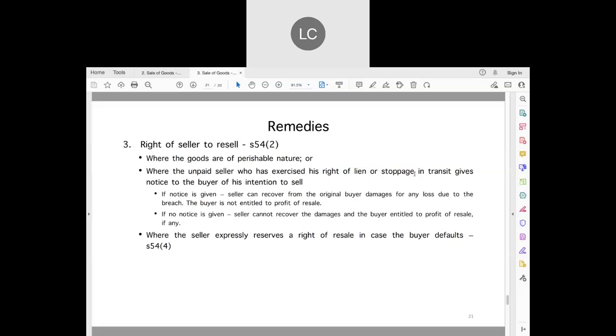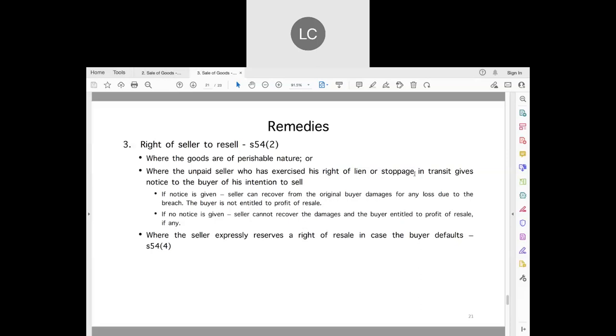So the contract remains in force despite the stoppage by the seller. So that's why we say that the seller is bound to deliver the goods on payment of the price by the buyer or by his trustee in the case of bankruptcy. Okay, because the contract is not rescinded yet. So if the buyer is ready to pay, then the seller must be ready to deliver.